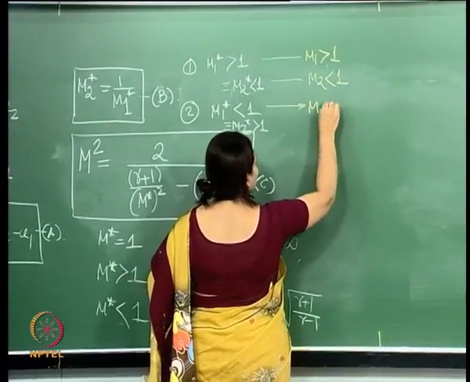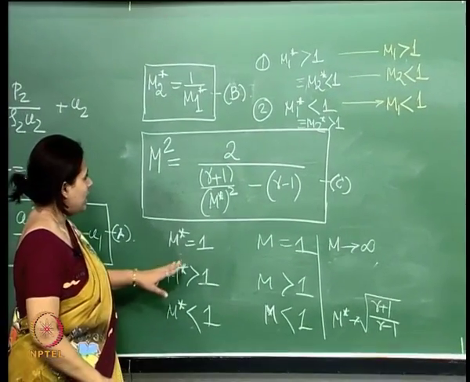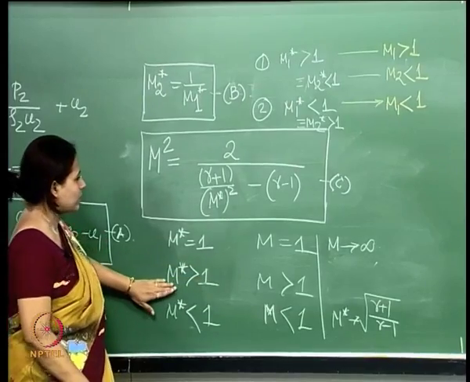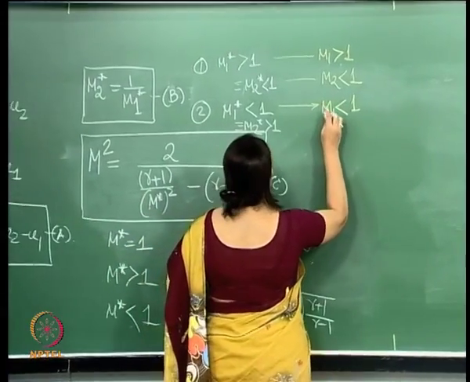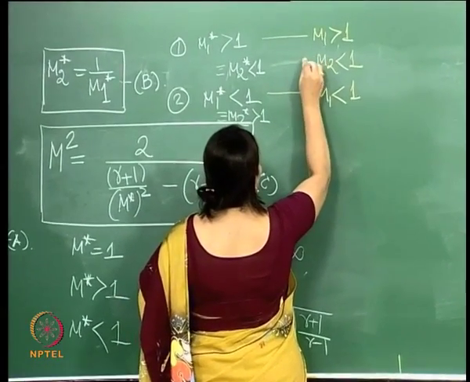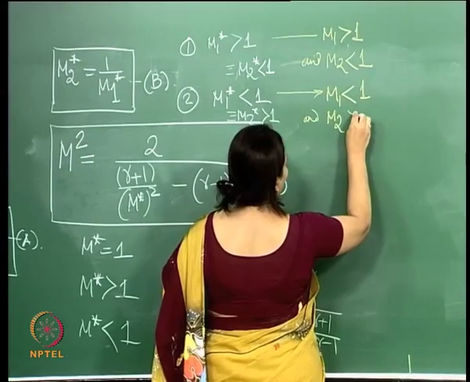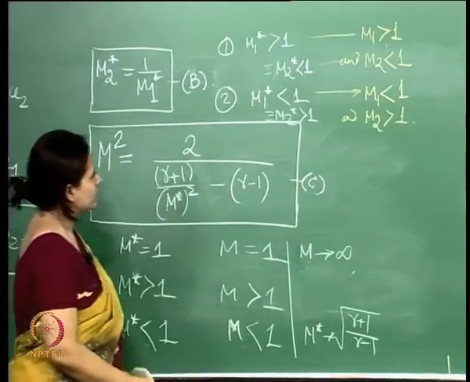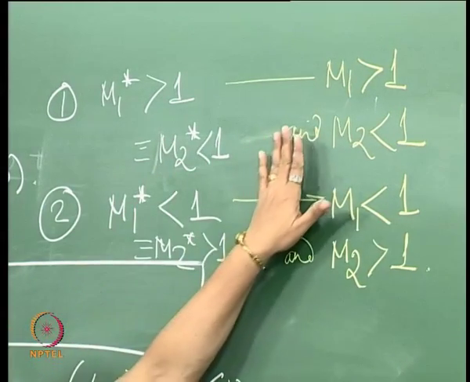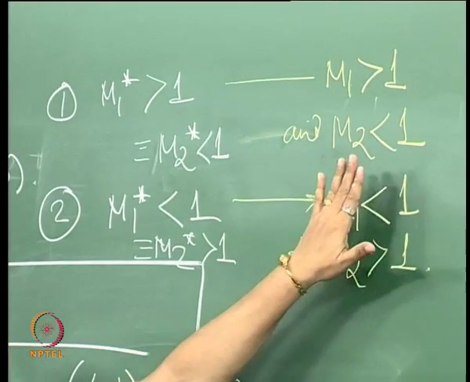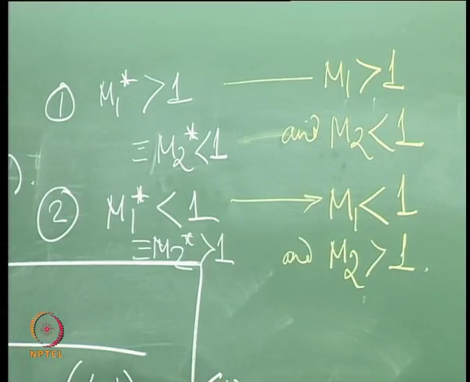So, M1 is subsonic, and M2 star is supersonic, so the corresponding Mach number M2 is also supersonic. Okay. So, what we understand from here is that if the incoming Mach number is supersonic, then across the shock wave it will become subsonic. If the incoming Mach number is subsonic, across the shock wave it will become supersonic.